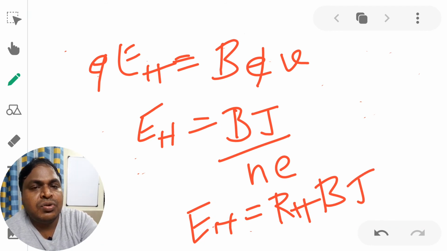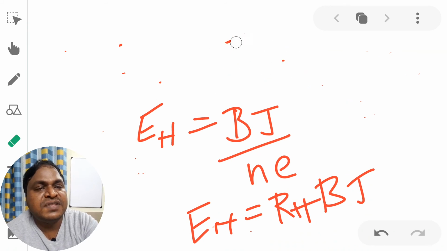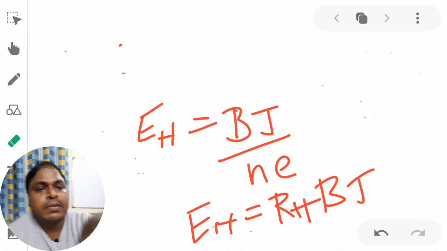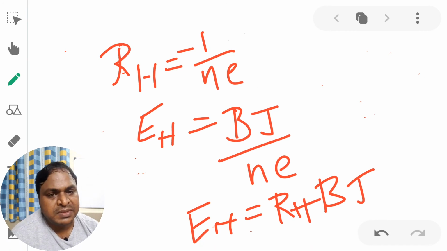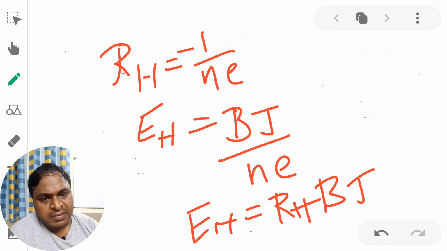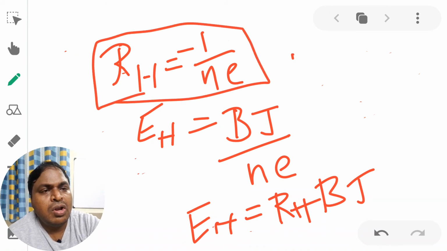Okay, so RH is nothing but the Hall coefficient. RH is equal to minus 1 by ne. Okay, minus represents the negative charge of electron. So this is your Hall coefficient.